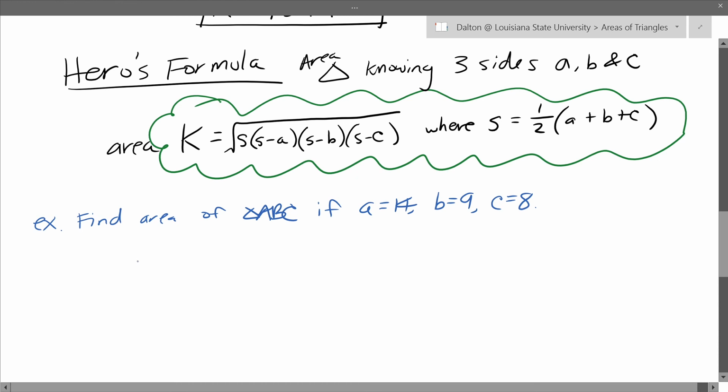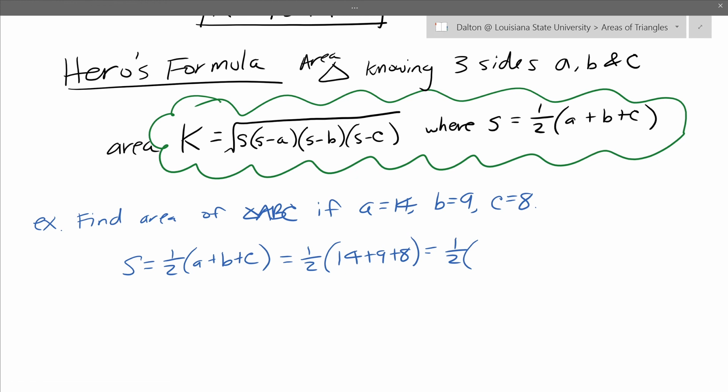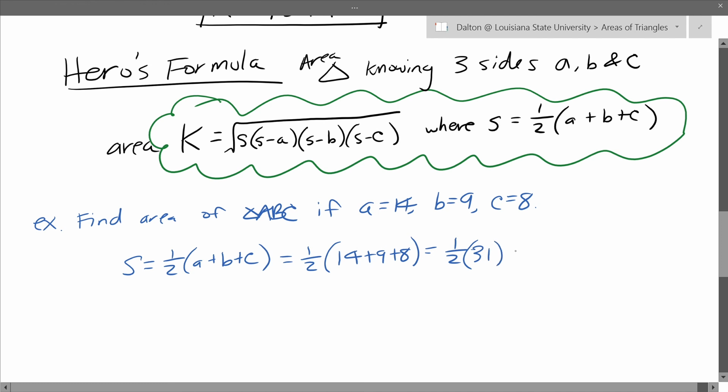So if S is equal to 1/2 times A plus B plus C, that's going to be 1/2 times, my side lengths are 14 plus 9 plus 8, which is 1/2 of 14 plus 9 plus 8. It's going to be 23. So that's going to be 31, and 1/2 of 31 is 15.5.